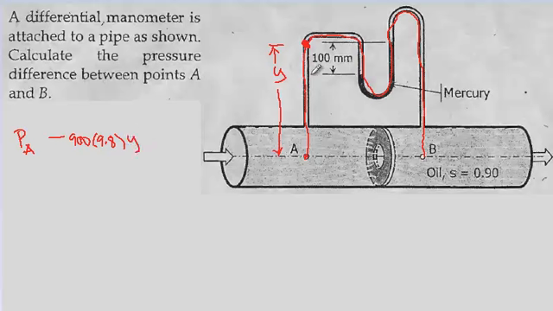Now, we know that this is made of the same fluid, so the pressure here and the pressure here is just the same. And we move down by 100 millimeter. The pressure will increase by, what's the fluid in here? The fluid is still oil, so plus 900 times 9.8 times 100 millimeter, which is 0.1 meter.